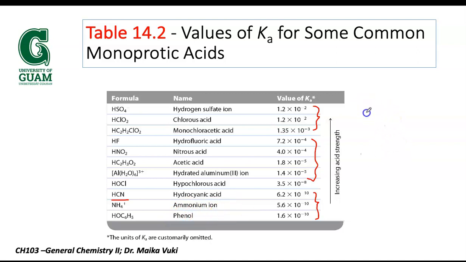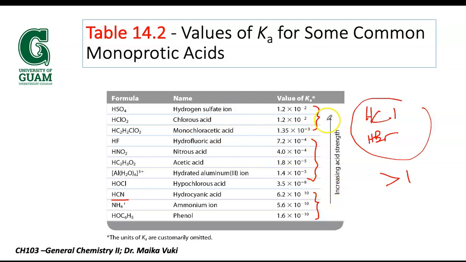Now, you wouldn't see these acids, remember. Why? These are very strong acids, so their K values are really large. That means greater than 1. So you don't see that. So this is a typical table of weak acids.